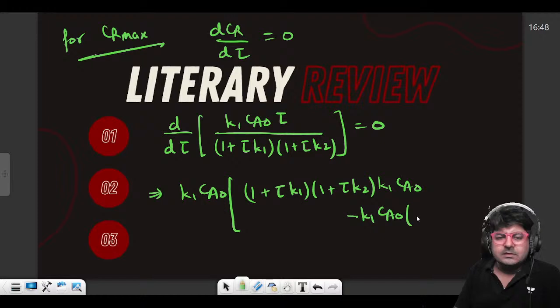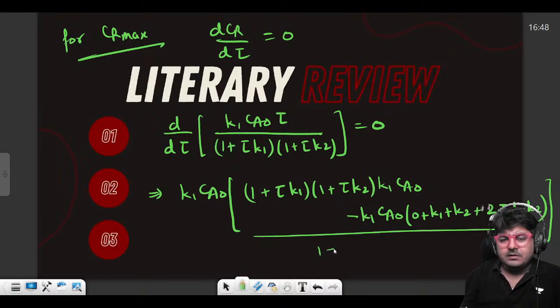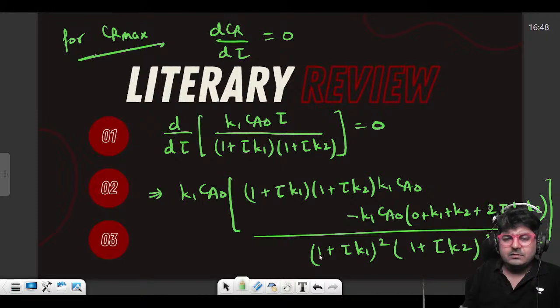That will be 0 plus K1 plus K2 plus 2 times of tau K1 K2 divided by 1 plus tau K1 whole square, 1 plus tau K2 whole square. Now you can put all these things equal to 0 and solve.